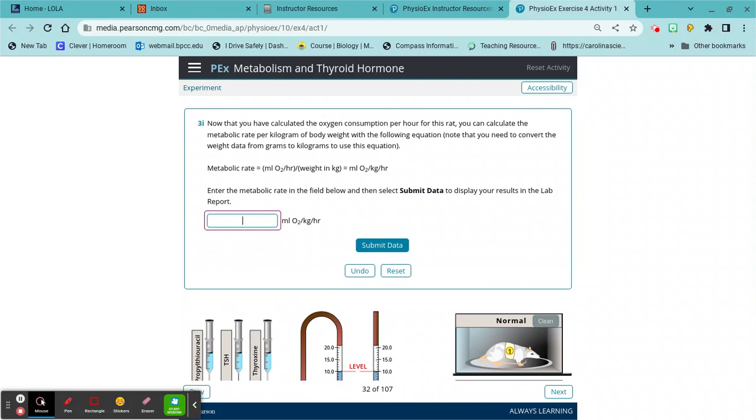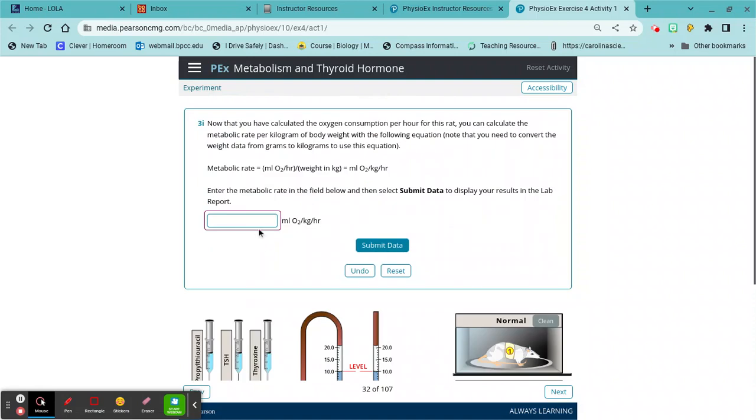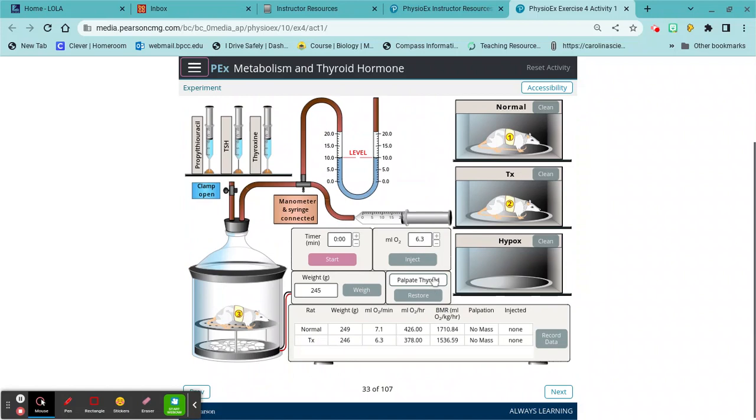We're doing that value over its weight, which is 0.245, which gives us 0.42857142. Okay, that should be plenty. All right, we're going to palpate the thyroid. No remarkable findings.